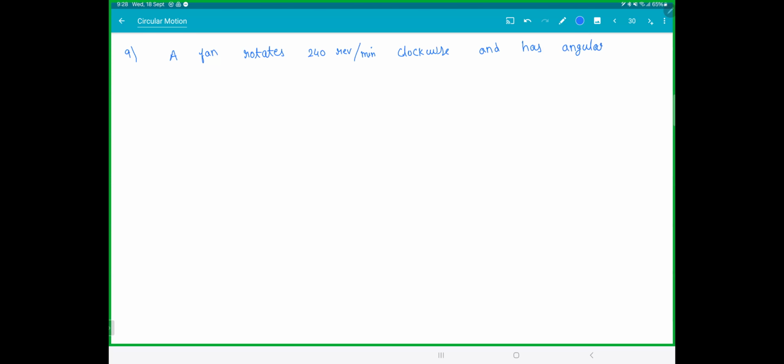And has angular acceleration pi/4 radian per second square anti-clockwise. Find the total angle rotated in 50 seconds.